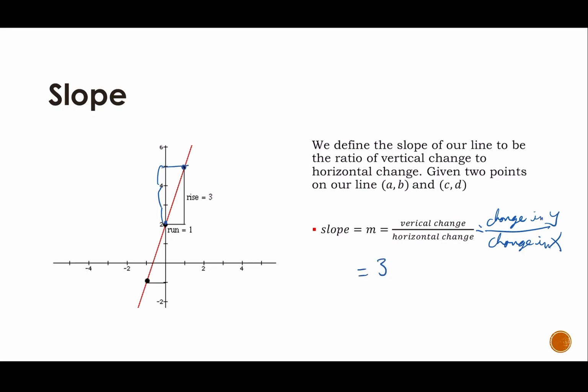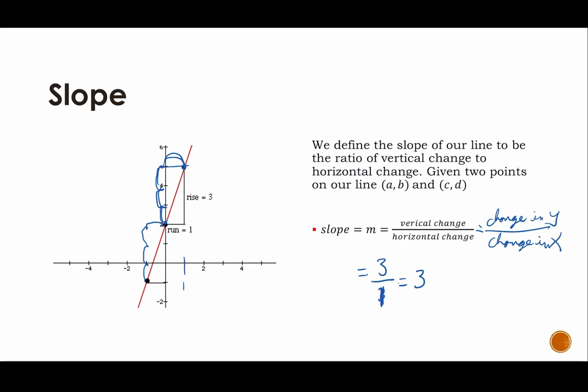And my change in x at that time is just 1. So this would have a slope equal to 3 because I go up 3 over 1, right? Up 3 over 1.